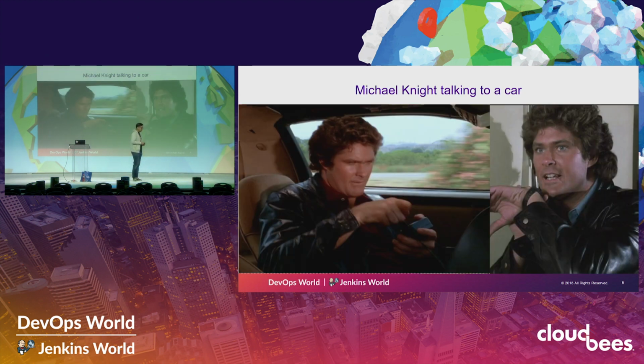And the next example is Michael Knight talking to a car. I don't know if many of you know about the Knight Rider TV series. This is Michael Knight, that's the character. He's talking to Kit, the name of the car. And this came from the 80s. If you look at the picture on the right, he's talking to the car from his watch. So look at today, right? Smartwatch.